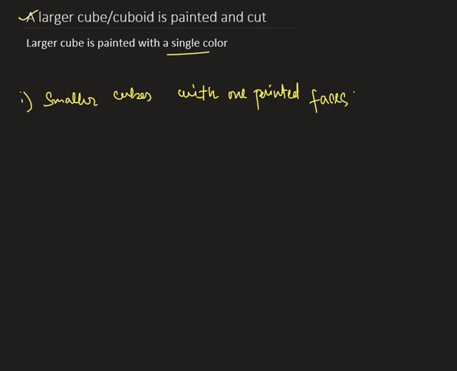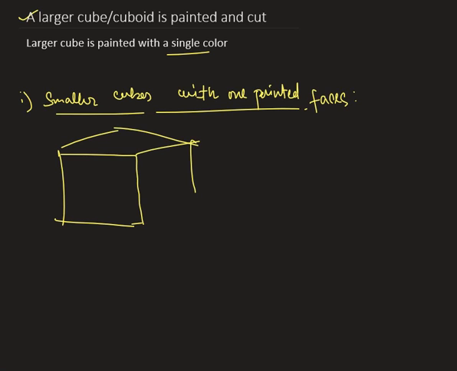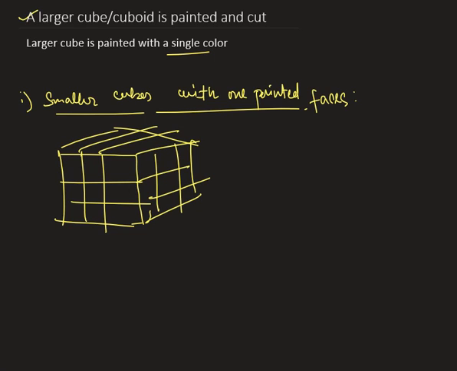Firstly, we discuss this. So first we draw the diagram of a cube. So this is the cube. So in here, these portions are our required portions.